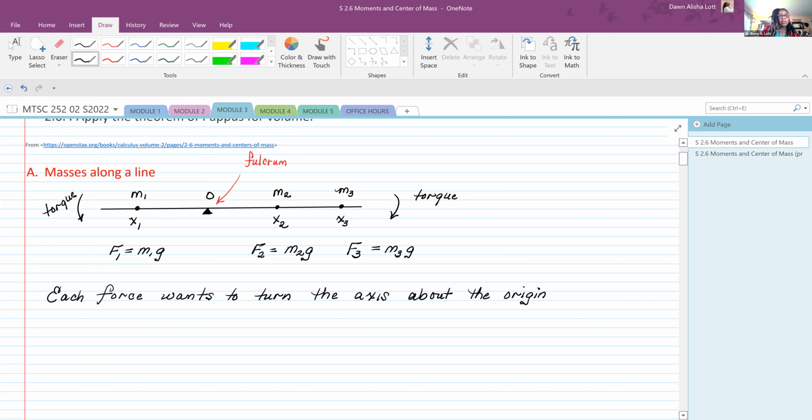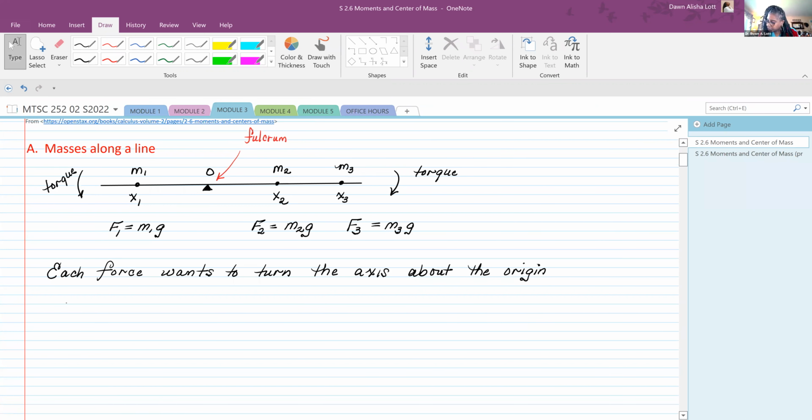The torque is the turning effect, and it is a signed value.